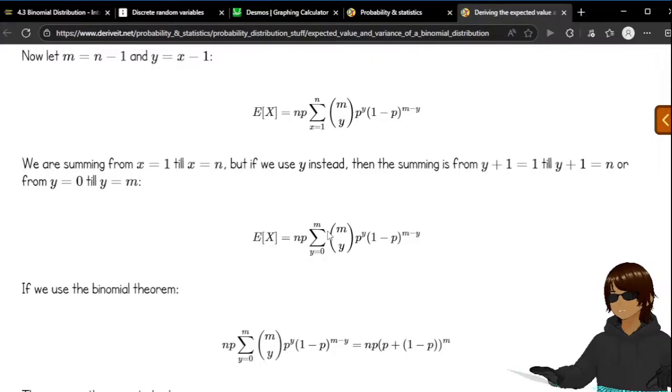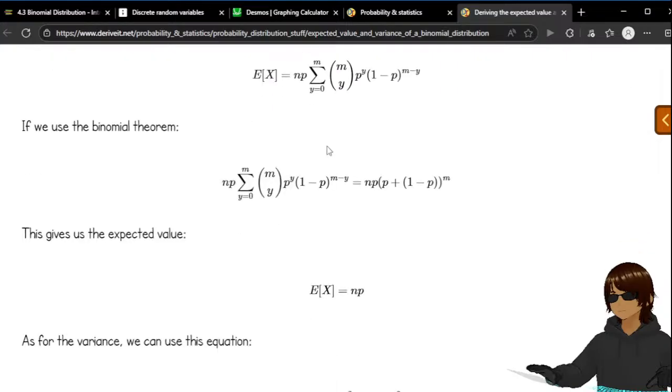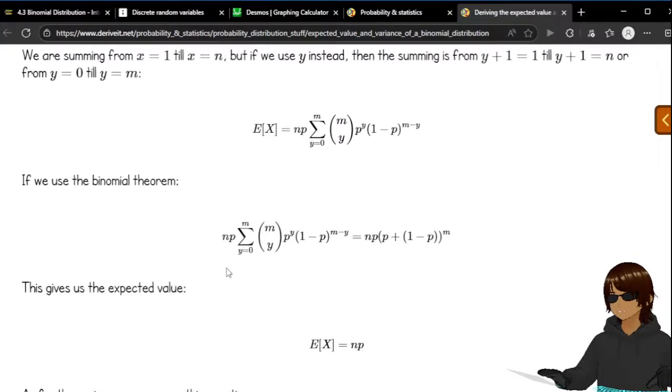The sum of the probabilities is just 1. Use the binomial theorem. The sum of this part is just 1, so the expected value is just np. We are writing this in this form.